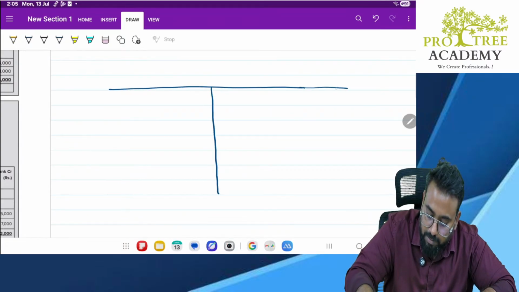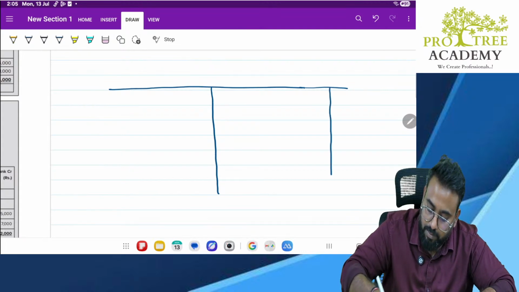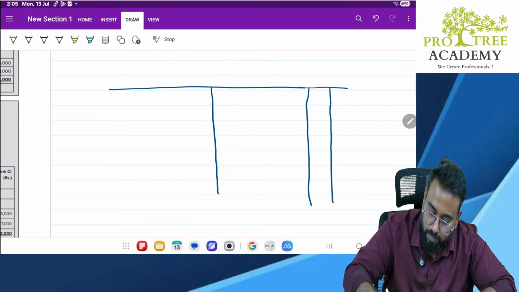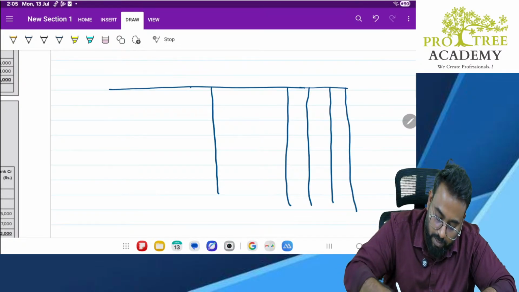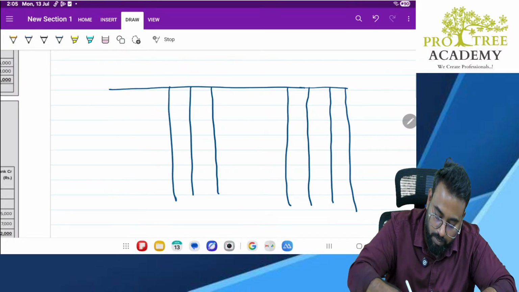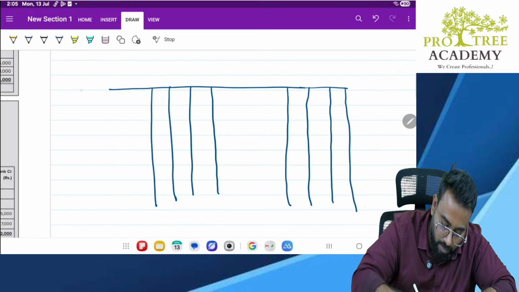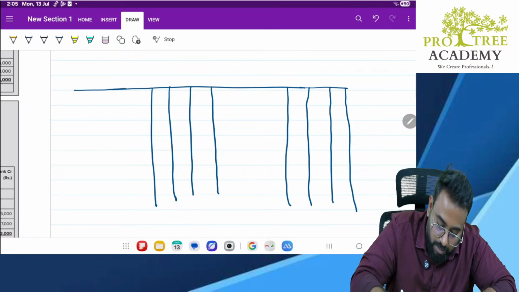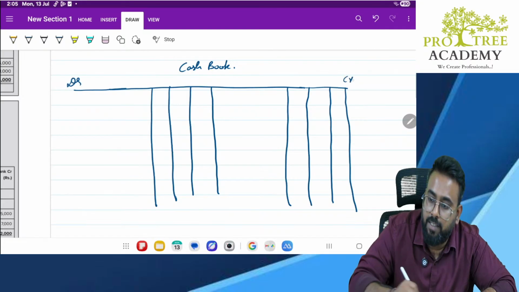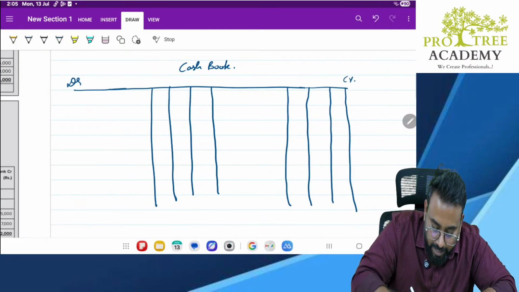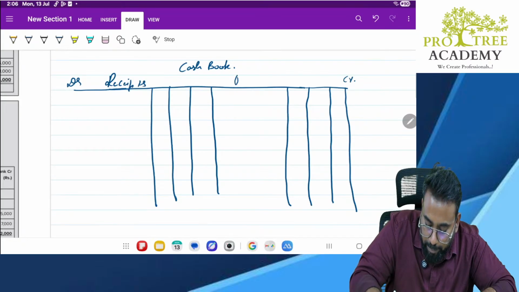Triple column, 1, 2, 3, right? Here also 1, 2, 3. We can write debit, credit, or we can even write receipts, payments.